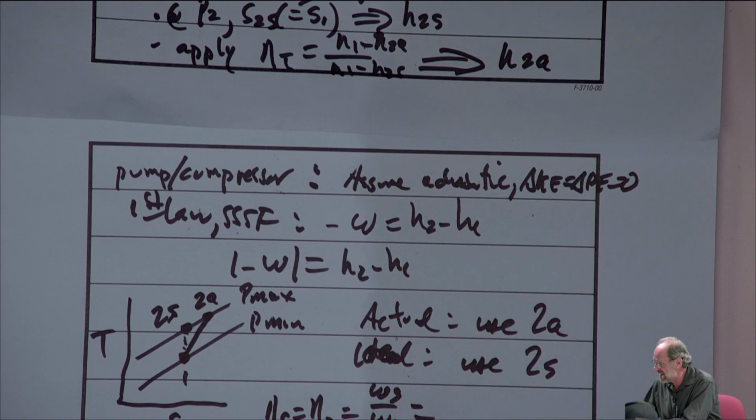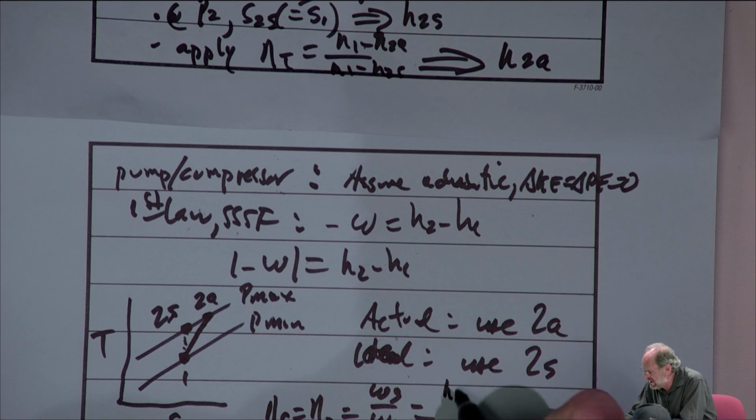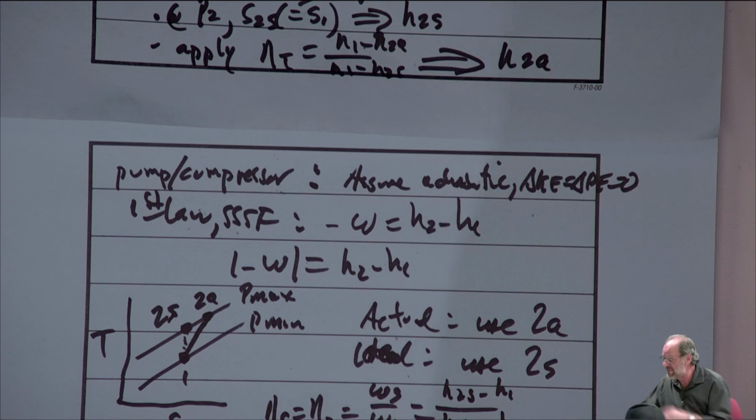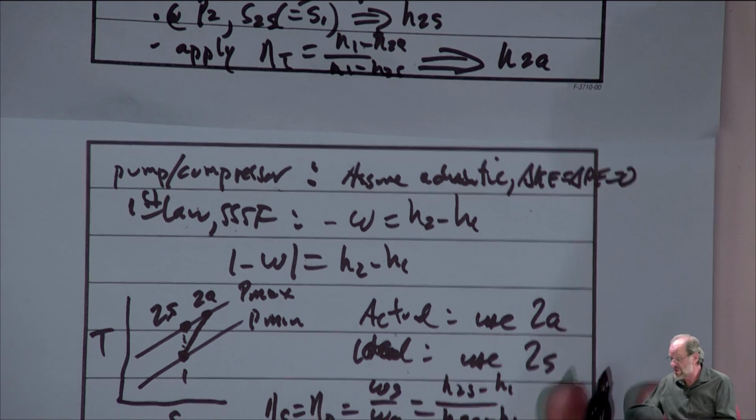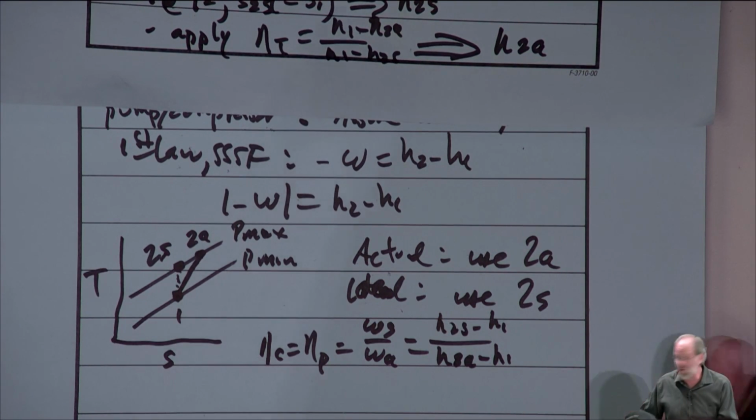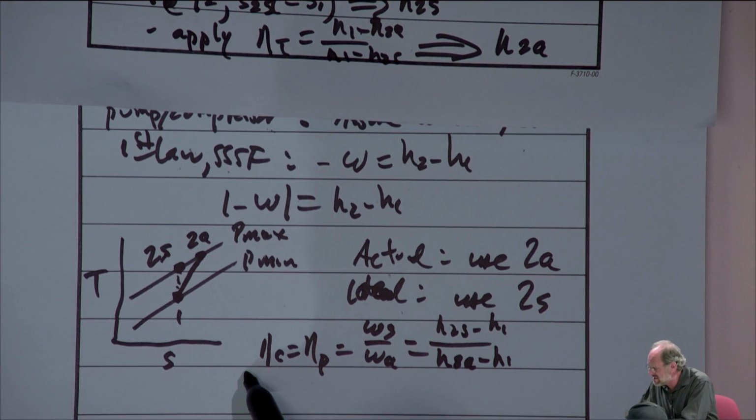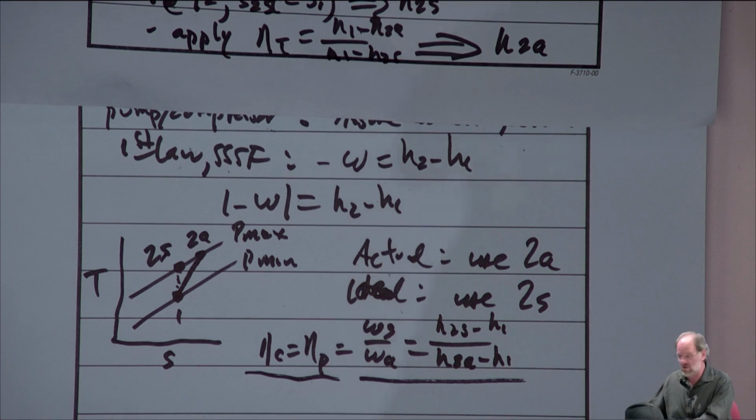So this is going to be the ideal work, which will be H2S minus H1, over the actual work, which is H2 actual minus H1. So the typical problem is going to be just like the typical turbine problem, and it's this equation that we're going to have to utilize here.